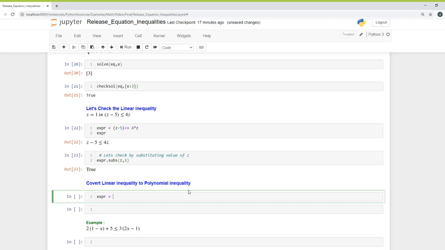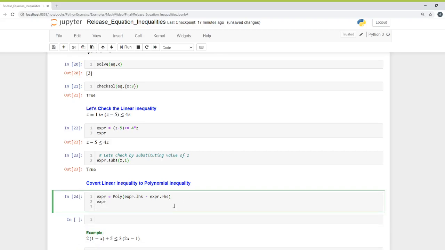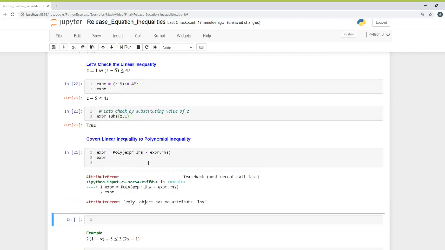So expression is equal to, first of all, Poly(expression.lhs - expression.rhs). Shift enter. Expression. Shift enter. Expression.lhs minus expression.rhs.